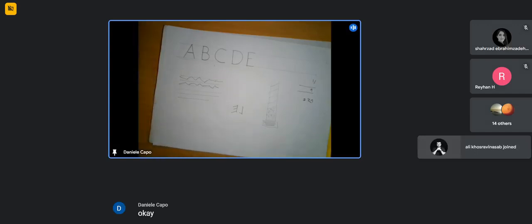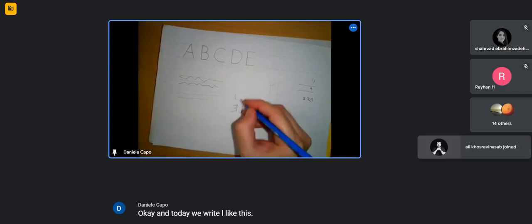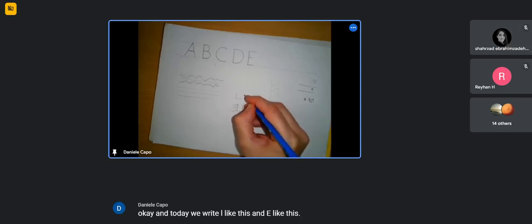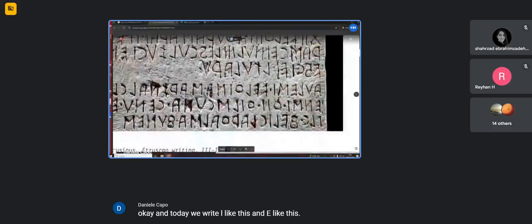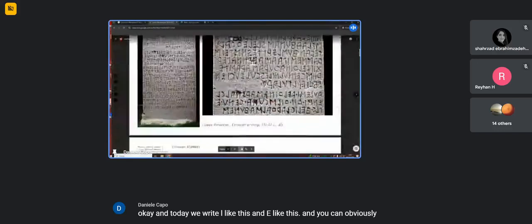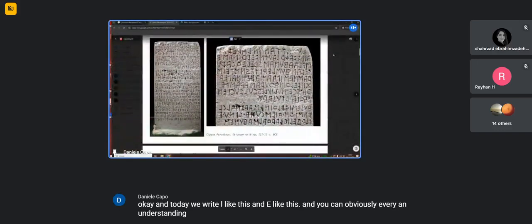Today we write L like this and E like this. And you can obviously understand that this was written from right to left instead of left to right like today.